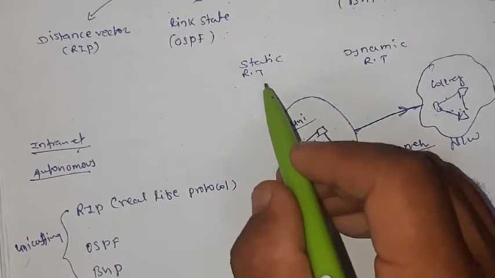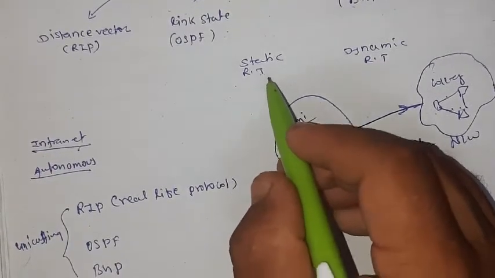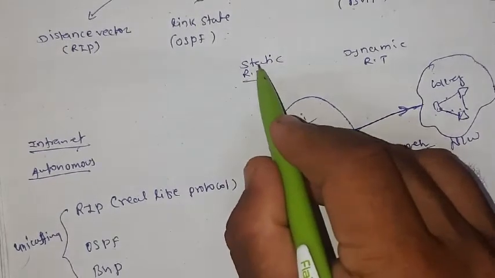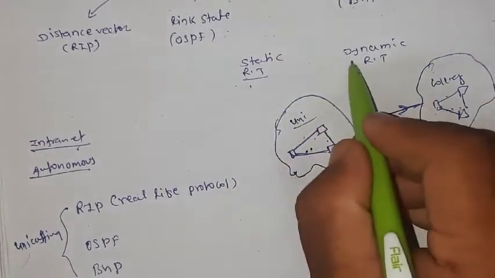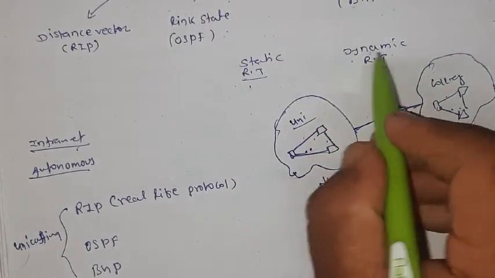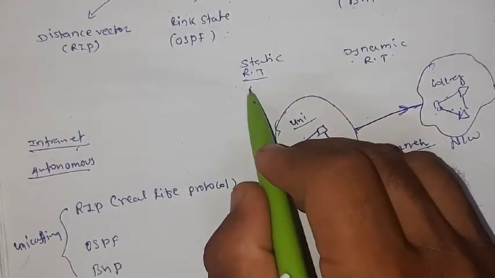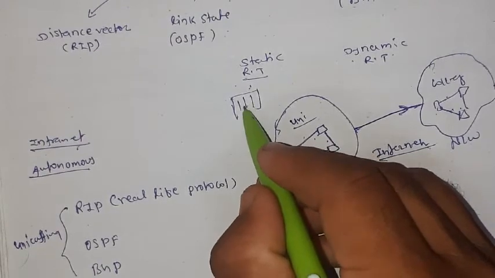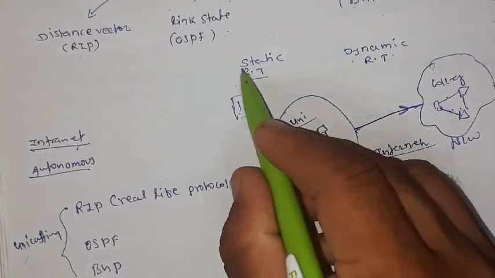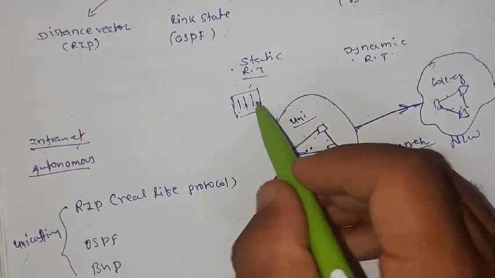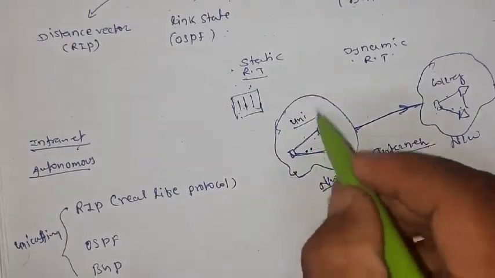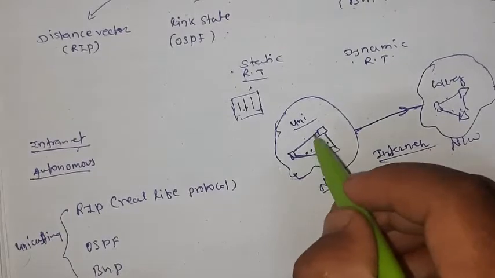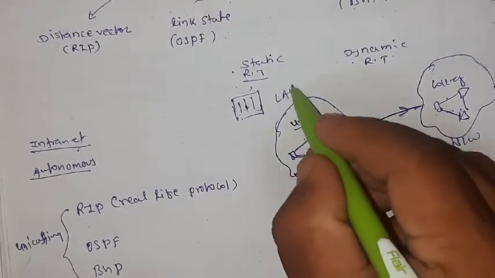The protocols use two types of routing tables: a static routing table and a dynamic routing table. In a static routing table, the user may input entries manually, which is good for a particular autonomous network, a limited area network, or a LAN.